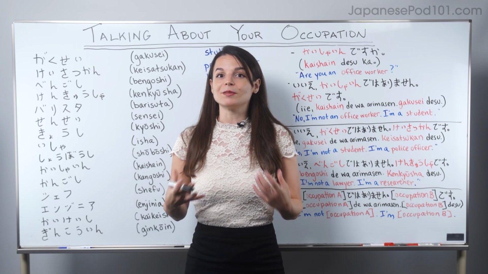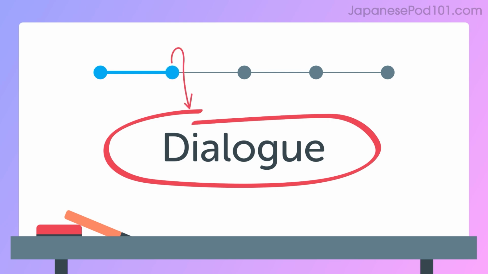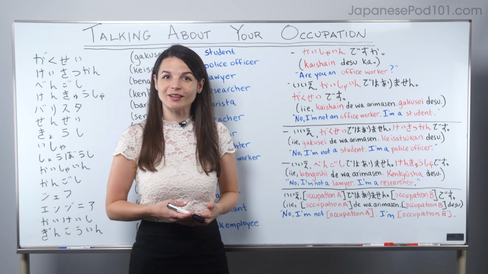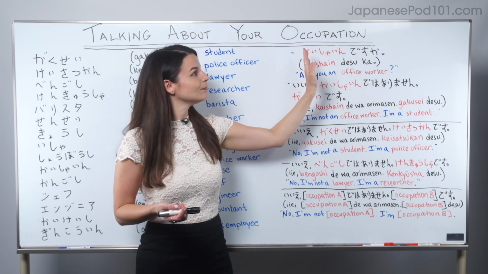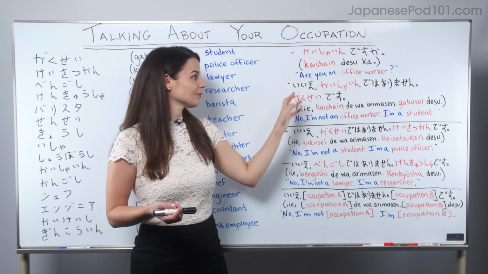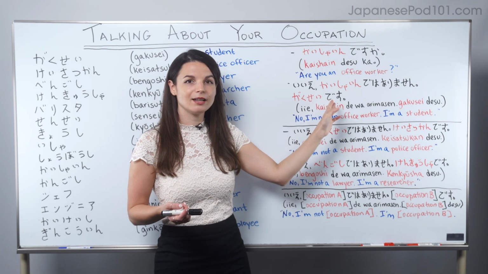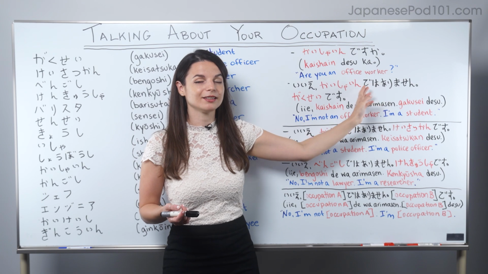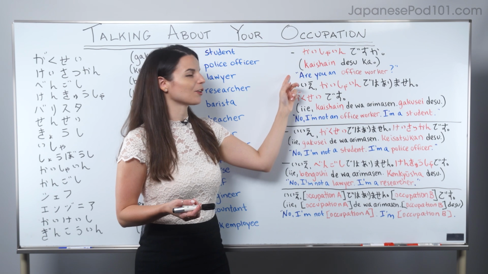Next, let's take a look at some dialogue examples that use these vocabulary words. First, let's start here. 会社員ですか?いいえ、会社員ではありません。学生です。So, this means, are you an office worker?